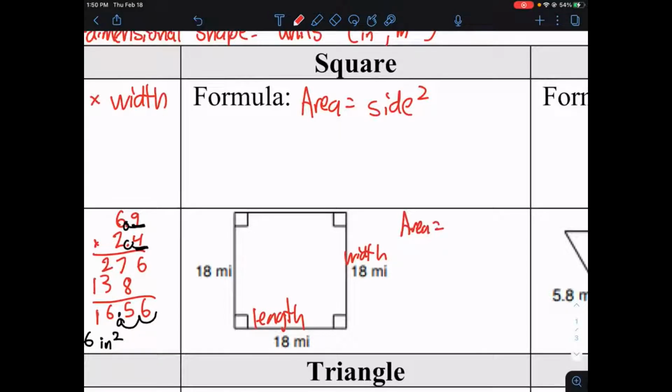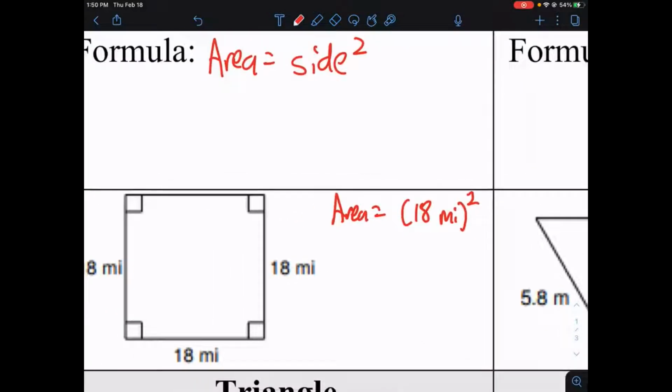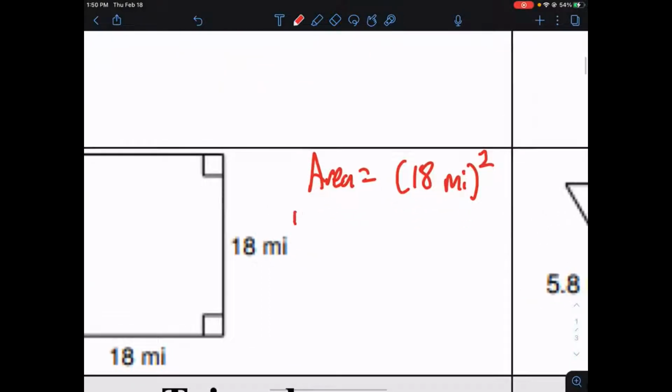Okay, so here the side is 18 miles. That's a very large square. Remember, we do affect both the 18 and the units by the squared. So 18 squared means 18 times itself. This time there's no decimal points to worry about.